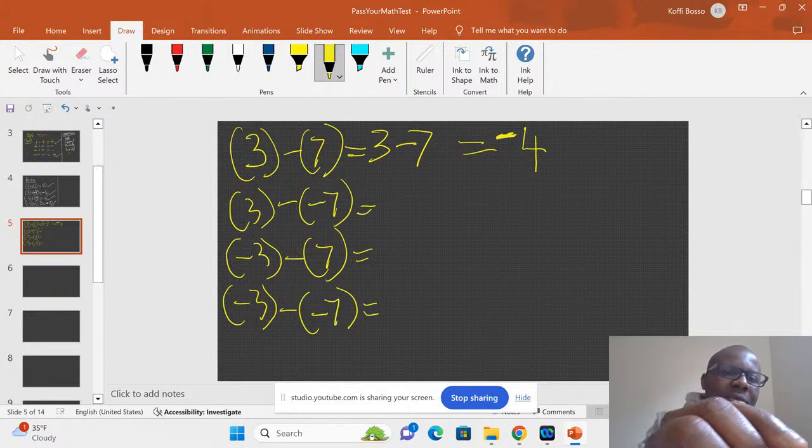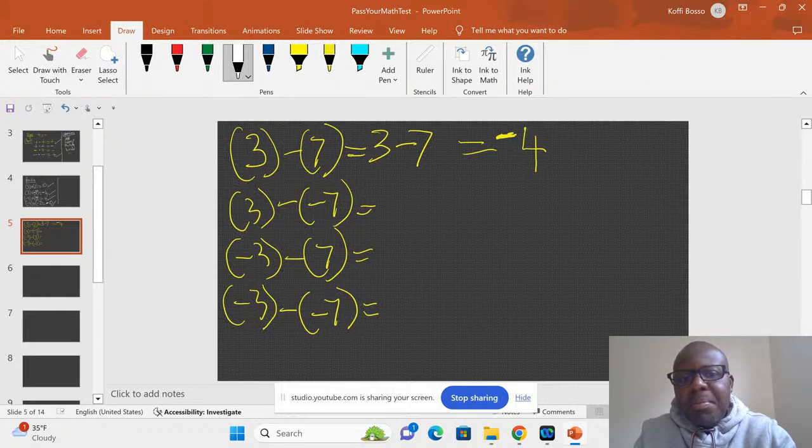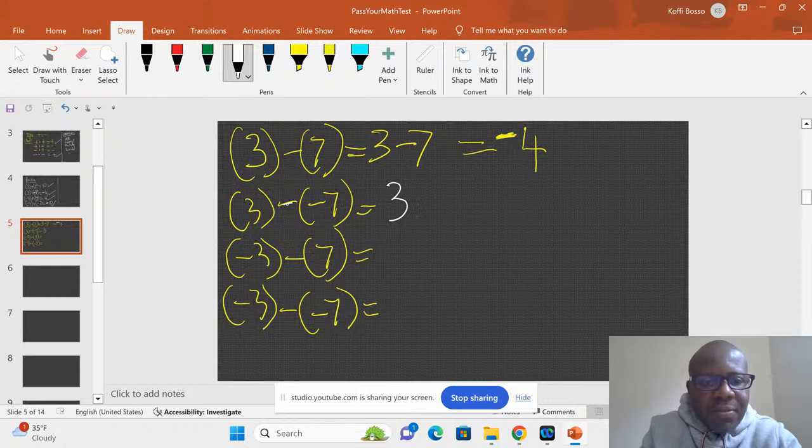Now the next question, they say 3 minus negative 7. I'm going to rewrite this second question without parentheses. I take the parentheses off 3 and I get 3. Now I have a negative here, and I have another negative inside the parentheses. To remove the parentheses, the two negatives change to positive.